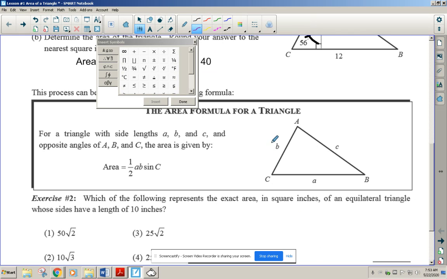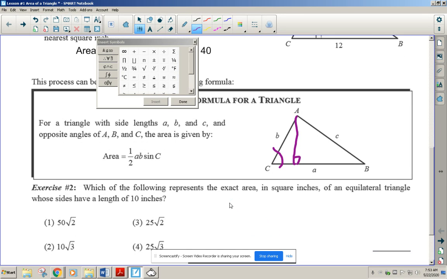If I were to talk about this angle here, this angle is the angle opposite the height if you were to drop the height inside. And so the height comes from the sine of C opposite to the hypotenuse. So using this formula, though, it just makes your life so much faster.